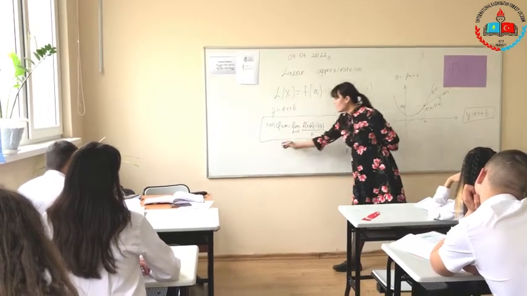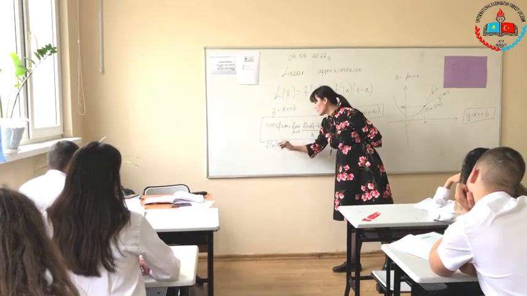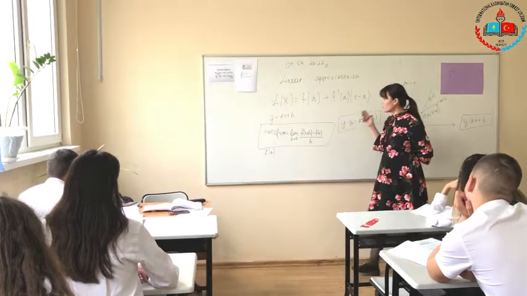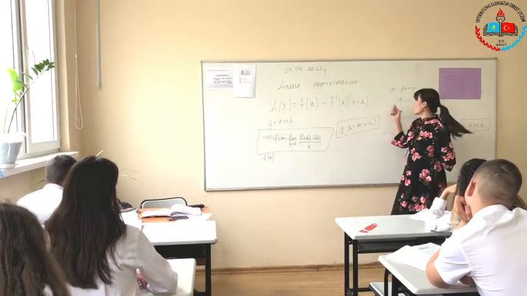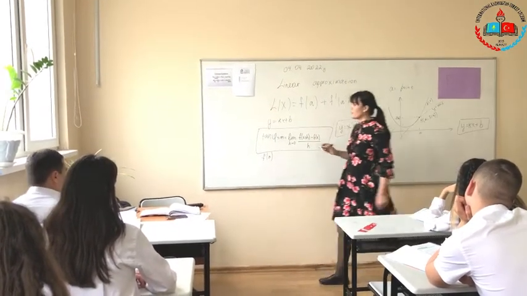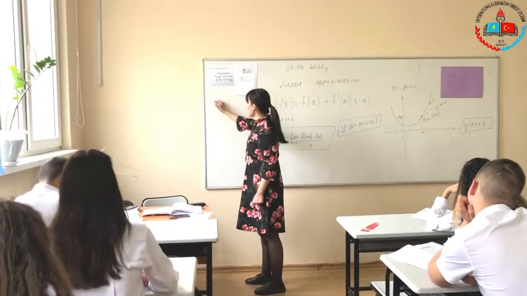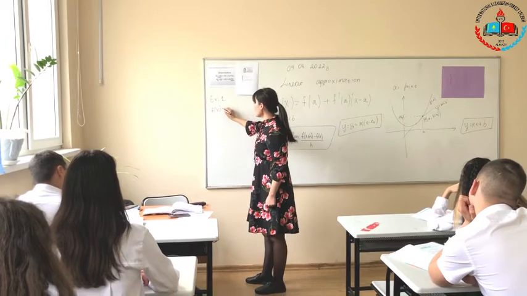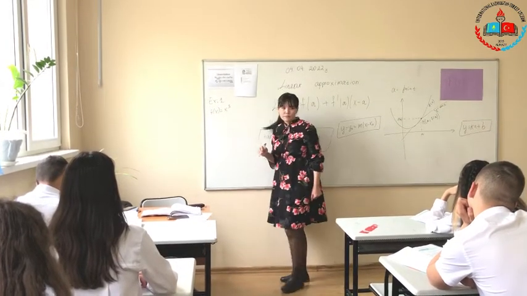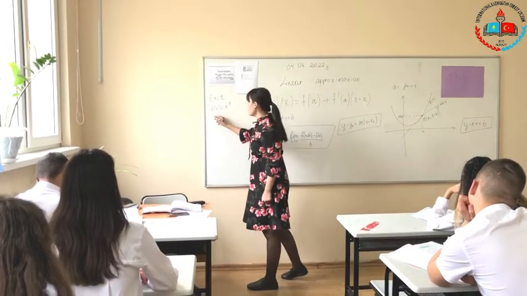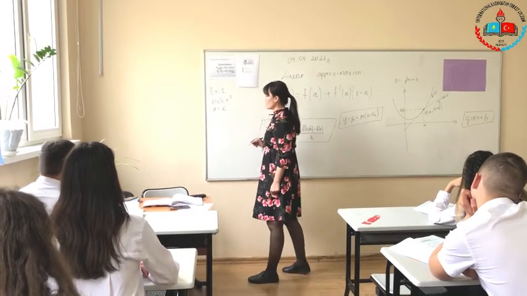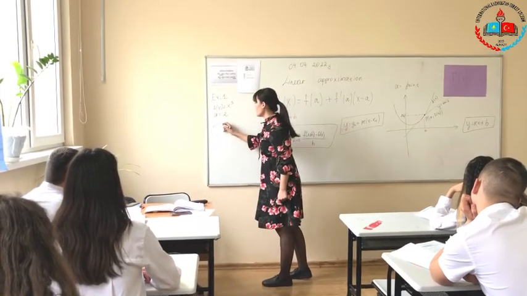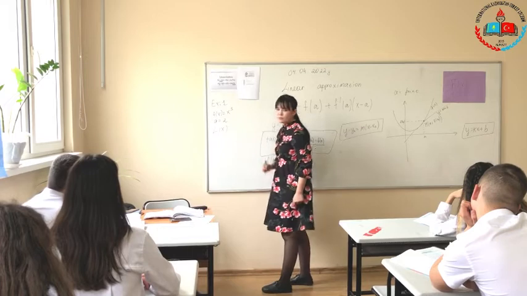f of a is the value of the given function at the given point. For example, given the function f of x is equal to x cubed, x power 3, and the point a is equal to 2. We need to write the linear approximation of this function.